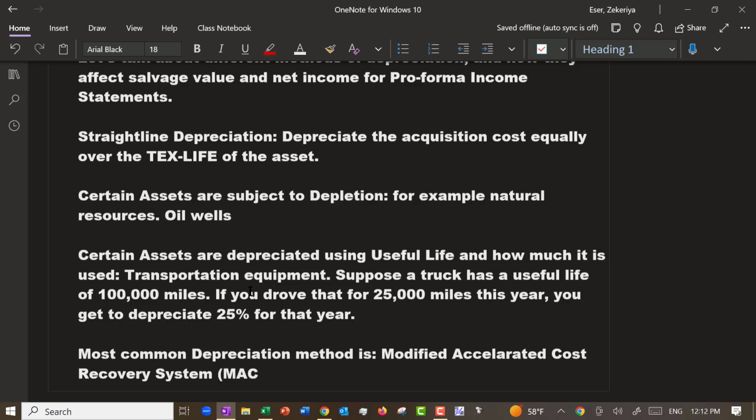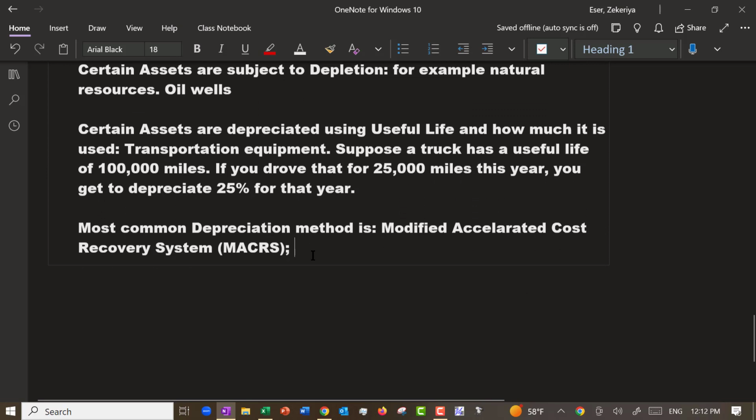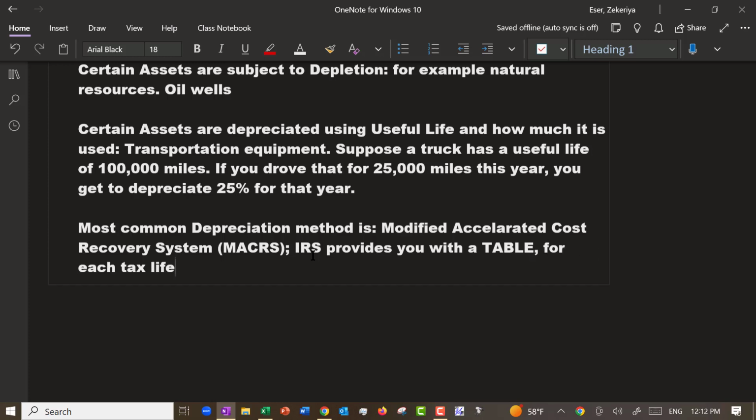IRS provides you with a table for each tax life, and these are 3 years, 5, 7, 10, and 20, I believe.